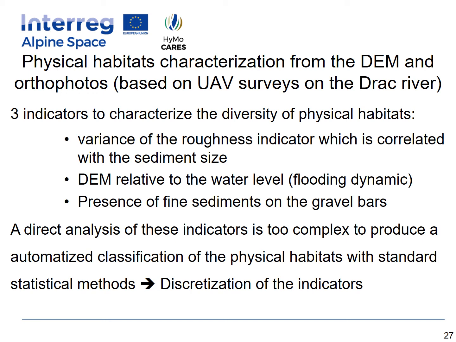A direct analysis of these indicators is too complex to produce an automatized classification of the physical habitats with the standard statistical methods. Consequently, we chose to discretize raw indicators and then to combine them into a multivariate analysis in order to characterize the physical habitats.